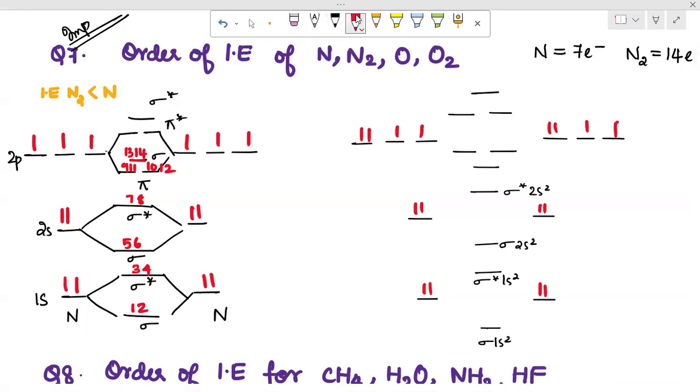Okay, we have to fill 16 electrons now. 1, 2, 3, 4, 5, 6, 7, 8, 9, 10, 11, 12, 13, 14, 15, 16. Now see, this is from the 2p of oxygen.